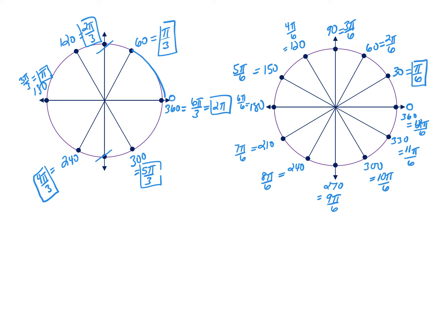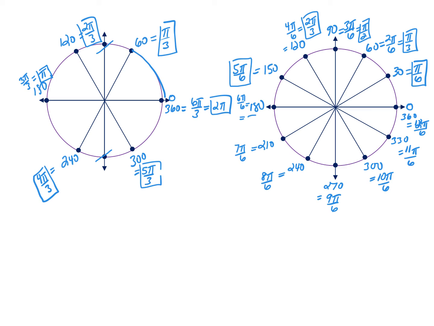So on this one, I decided to do the counting first, but we can go back and reduce. So 2 pi over 6 for 60 degrees would reduce, of course, to pi over 3. For 90, 3 pi over 6 reduces to pi over 2. For 120, 4 pi over 6 reduces to 2 pi over 3. 150 is going to stay at 5 pi over 6.